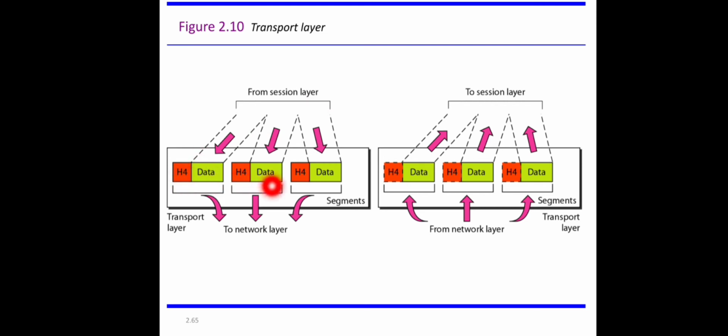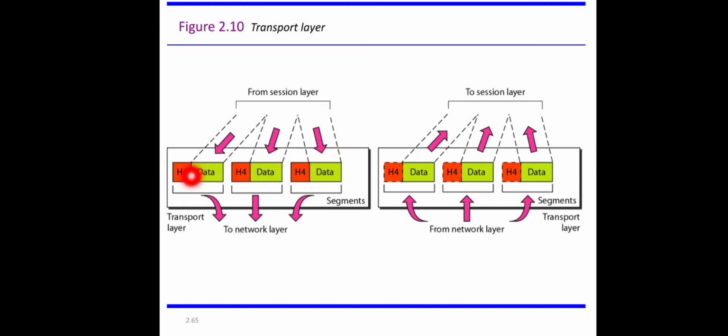Okay. And as we know, as per the network capacity, we may have to divide our user message into different parts. And in transport layer, these parts are actually called segments. So the entire message will be received from the session layer and that will be chopped into different parts according to the network capacity, and each part will be attached with a header. Obviously some information like how to combine these together at the destination in the proper order.